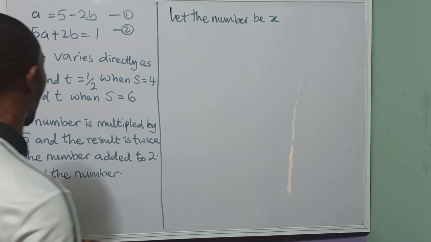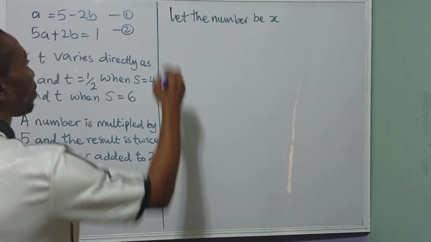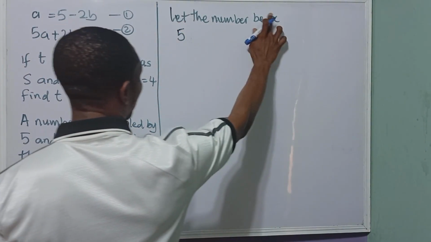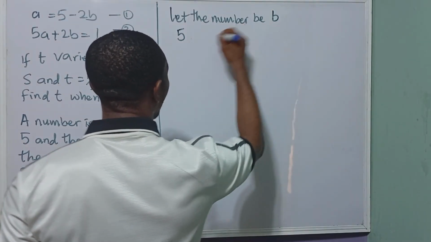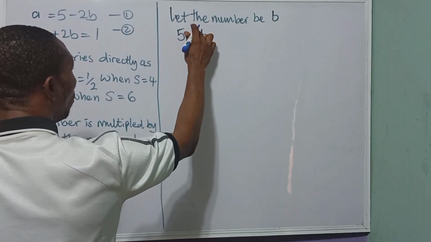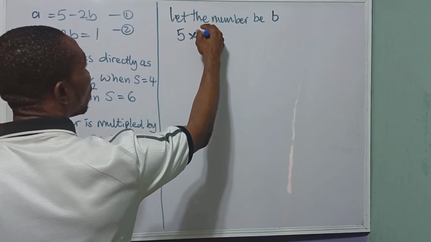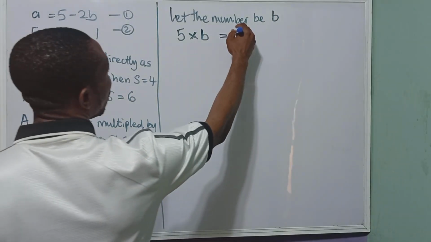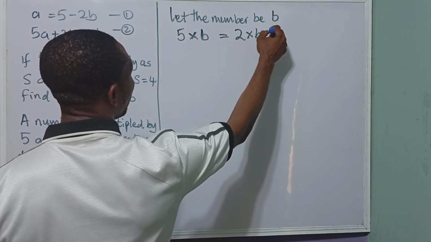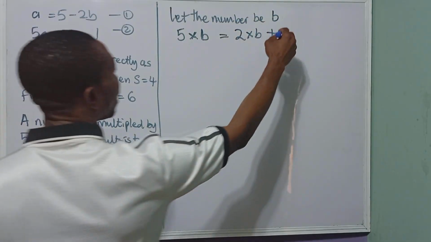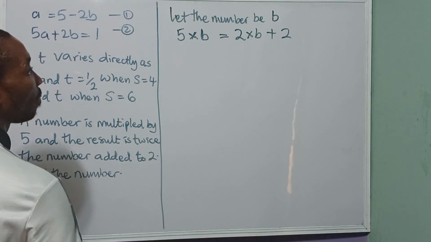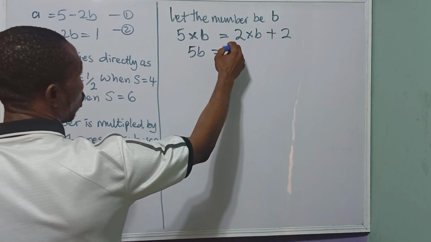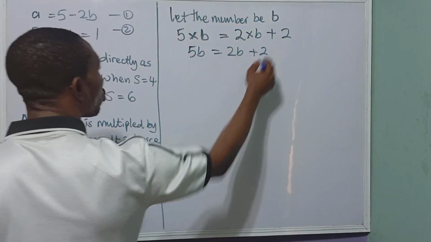Now, if the number is b, it says the number is multiplied by 5, so that will be 5 times b equals, the result is twice the number, 2 times b, plus 2 added to 2. So from here we have 5b equals 2b plus 2.